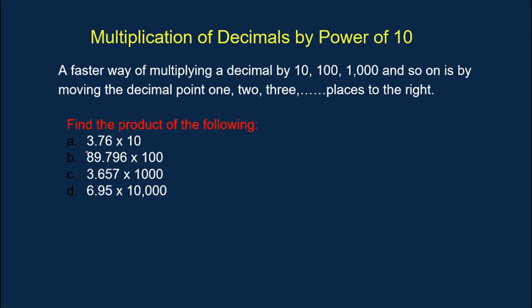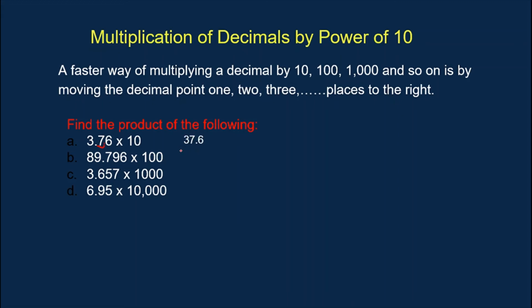We have 3 and 76 hundredths multiplied by 10. So just look how many zeros we have in 10. We have 1 zero. So all we have to do is move our decimal point 1 place to the right. Why 1? Because 10 has 1 zero.